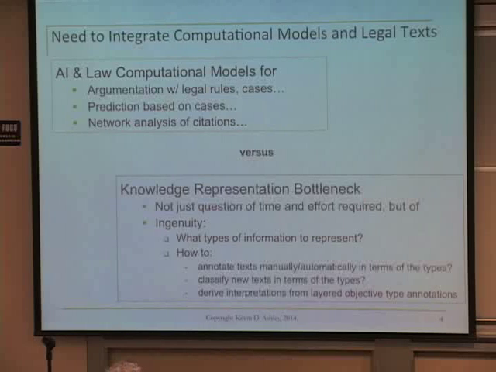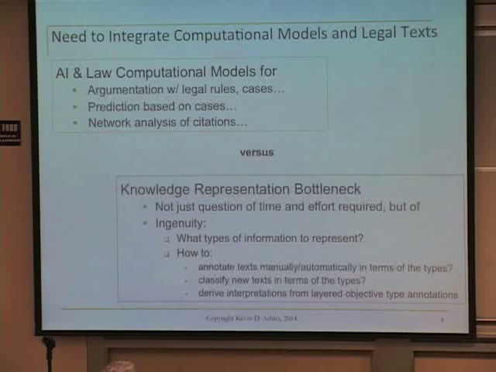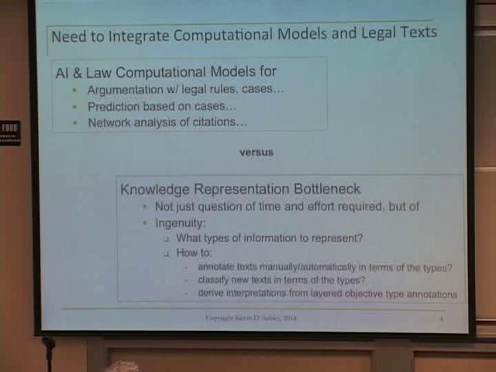That's our version of the knowledge representation bottleneck. And it's not just a problem of the huge time and effort required to represent the knowledge, but it's a problem of ingenuity.